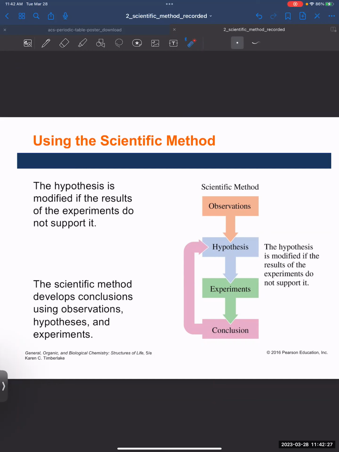And so once again, when we are running the scientific method to solve a problem, whether it's through an experiment or a personal life situation, oftentimes you will have to rerun, revise your hypothesis, develop new experiments, always taking in observations and develop a final conclusion in the end.